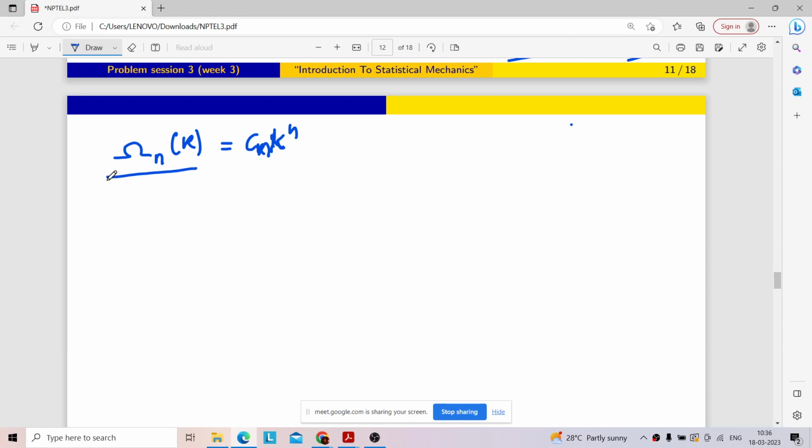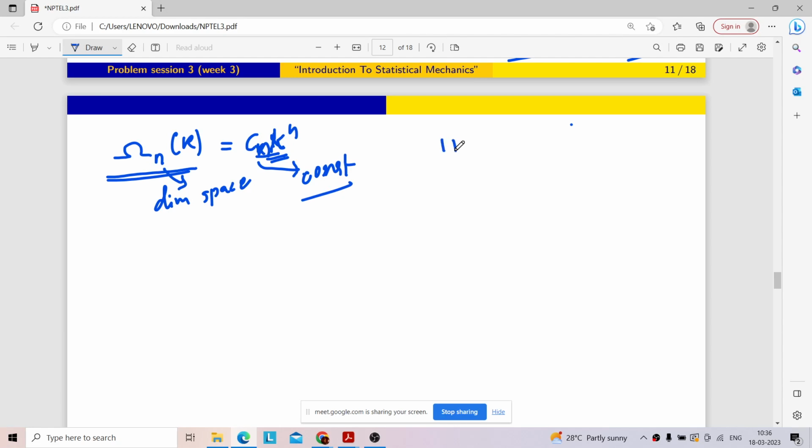The volume is defined in K space here, and n is the dimension of space. C is just a coupling constant or some constant, and it will depend on dimension.